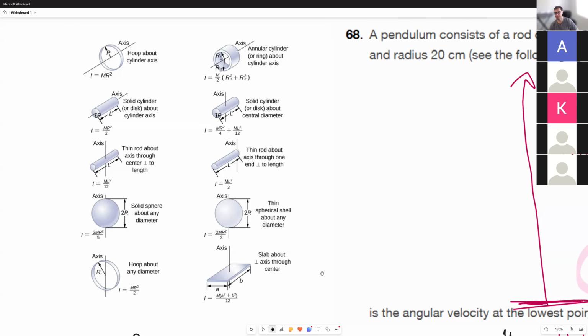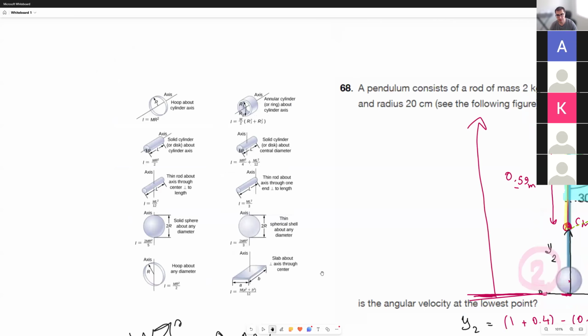You tell me. It'd be ml squared over 3. Exactly, ml squared over 3.